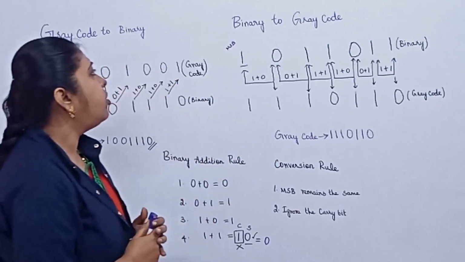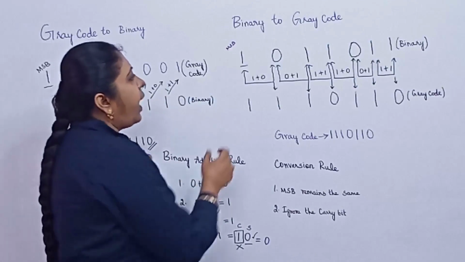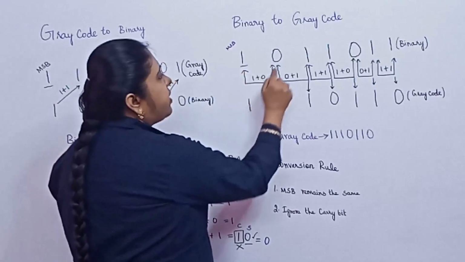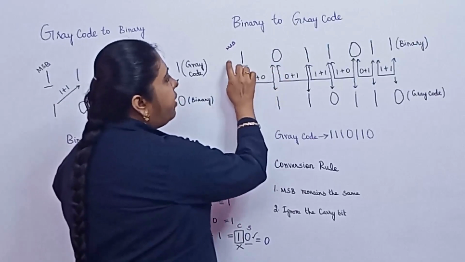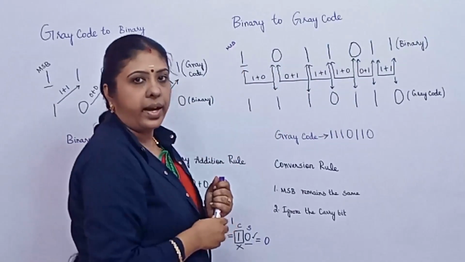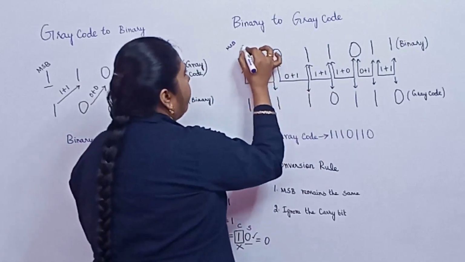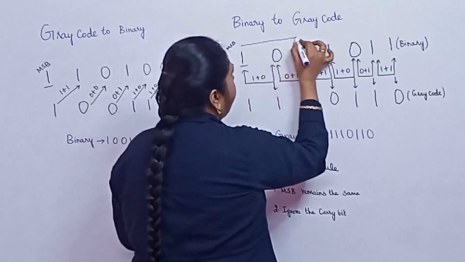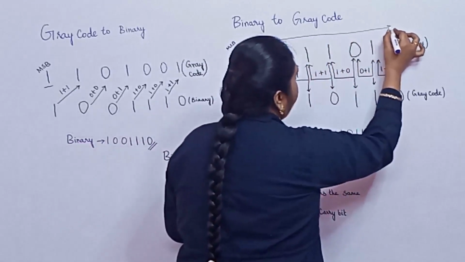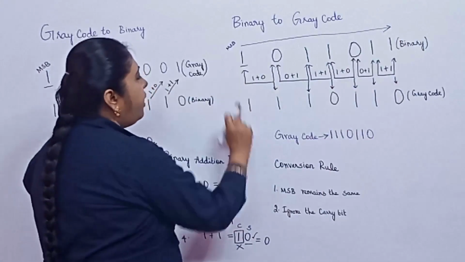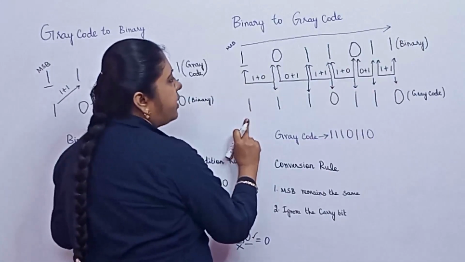Next, we have to add the subsequent bits, starting from the first bit, from the left to the right. We have to add all the bits. So the first bit remains as it is as the MSB.